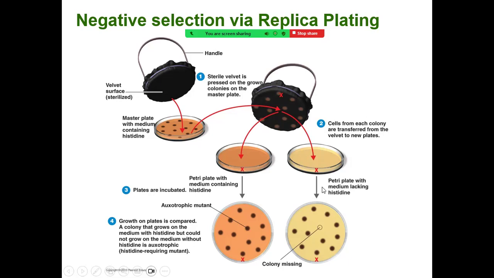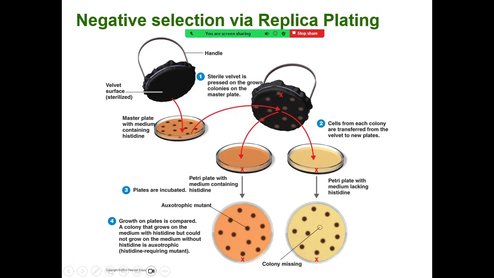The other plate lacks the amino acid histidine. You then look at the colonies that grow up on both plates. And these colonies should be the same as the stamp here. So that would be X here, there, and then that one's there. That one's there. This one is there. And that would be the same as this plate here.